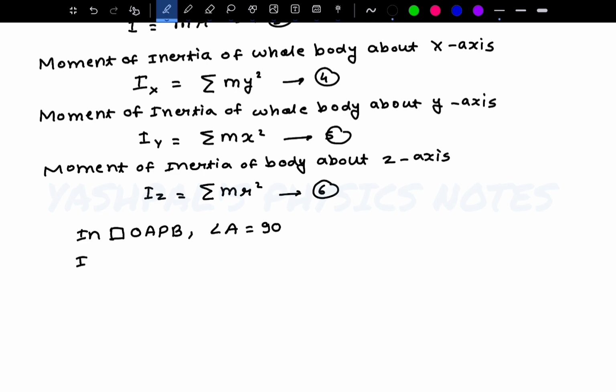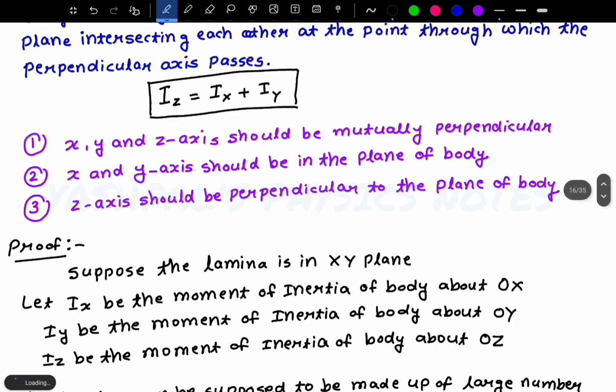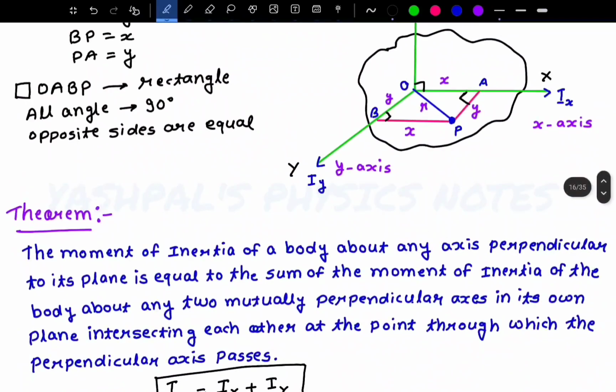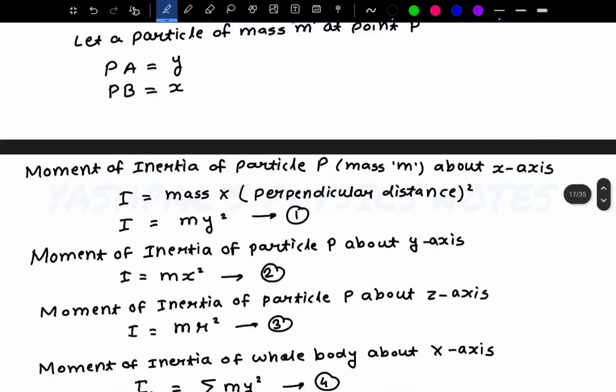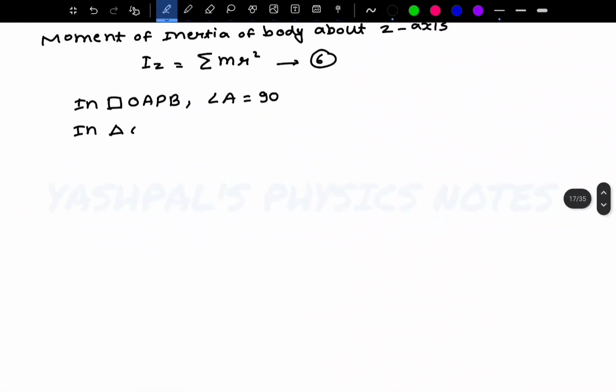So in triangle OAP, angle A is 90 degrees.